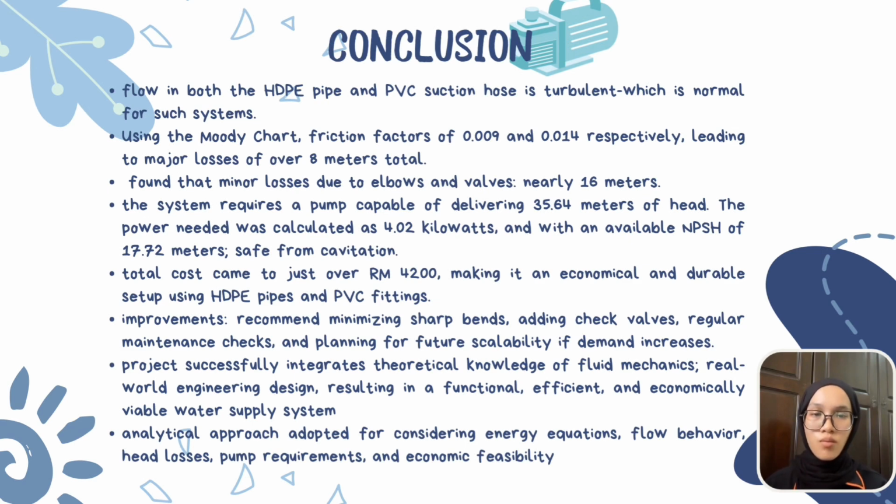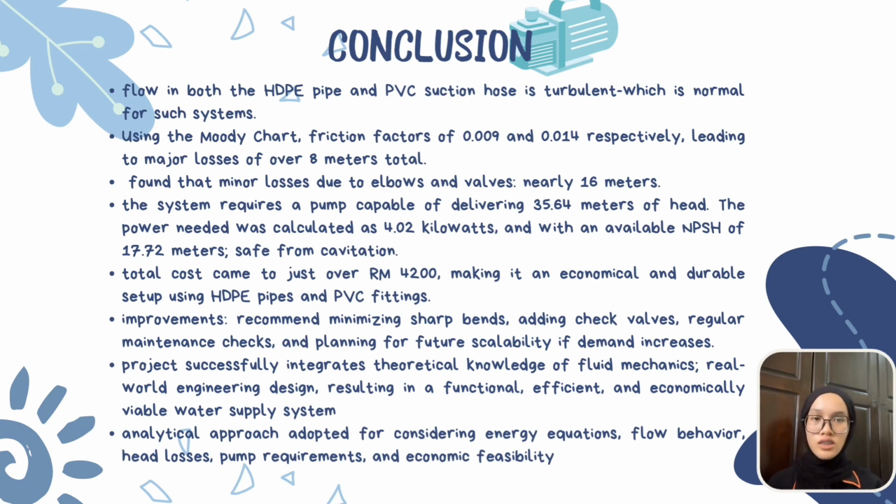Using the Moody chart, we determined friction factors of 0.009 and 0.014 respectively, leading to major losses of over 8 meters in total. We also found that the minor losses due to the elbows and valves were significant, totaling nearly 16 meters. This highlights how much directional changes affect system performance.